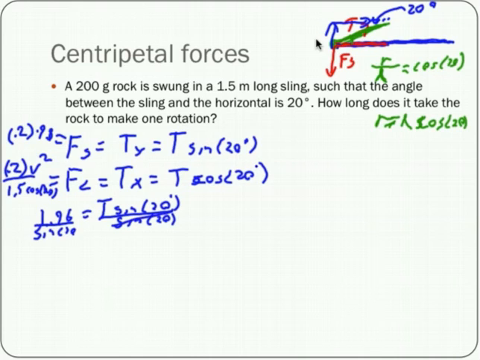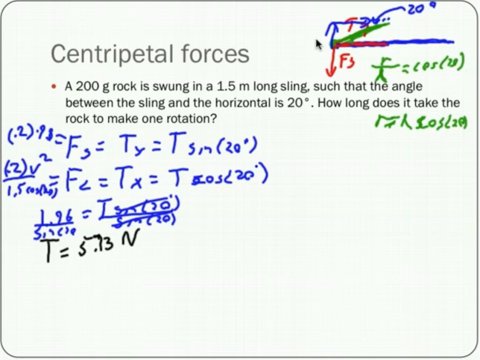So it's going to cancel right here. 1.96 divided by sine of 20 equals out to be 5.73. So T, tension force, is just 5.73 newtons.